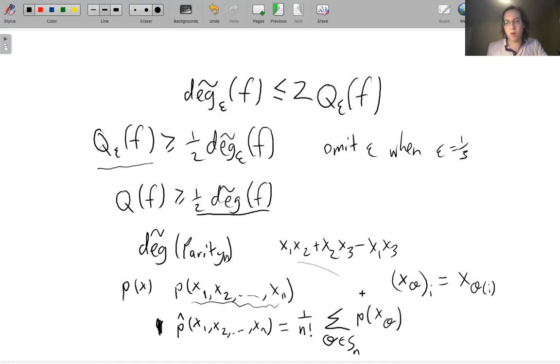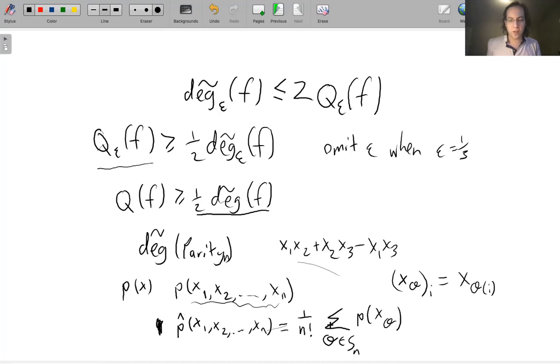We are summing over all the ways of permuting them, and for each permutation, we plug that into p. Then we divide by the number of permutations, n factorial, and so we get the average value of p applied to any permutation of the input. That is the polynomial p hat.